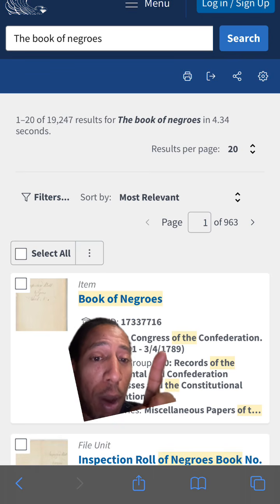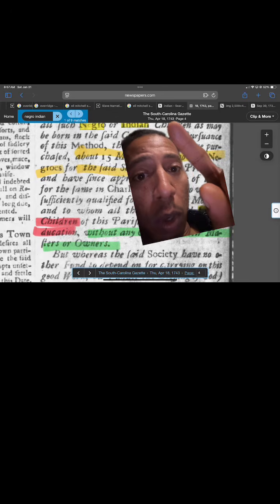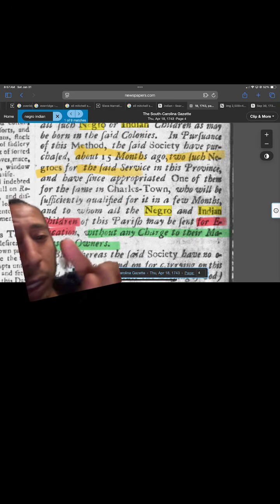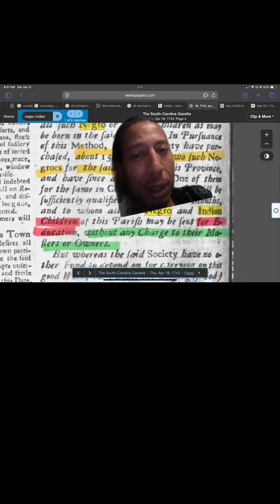They got shipped off in 1789, which means the Negroes in 1748 that they're talking about going to be with the Negro and Indian children of the parish as they get their education at these mission schools in 1743, which is 40 years before those people who were called Book of the Negroes, 3,000 Negroes who are here in America. That's before they get shipped off. Okay, 40 years before they get shipped off.